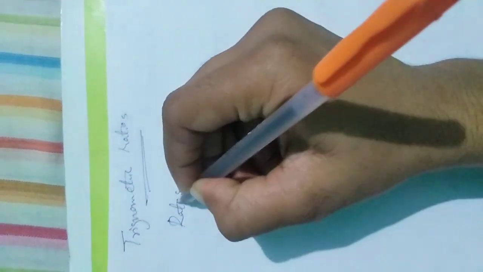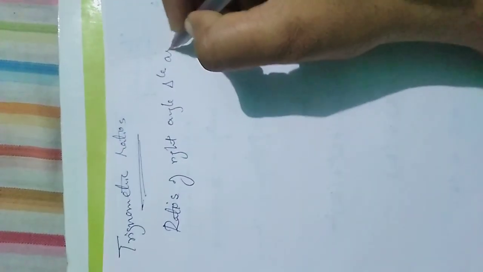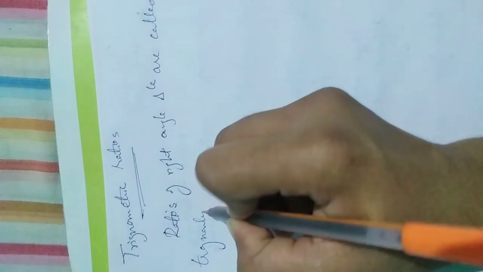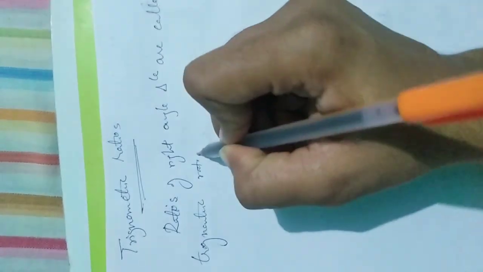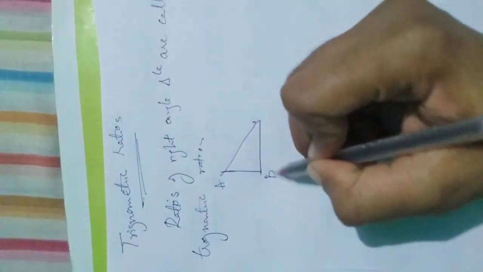The ratios of sides of a right angle triangle are called trigonometric ratios.